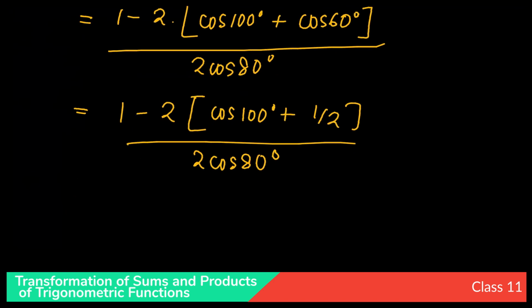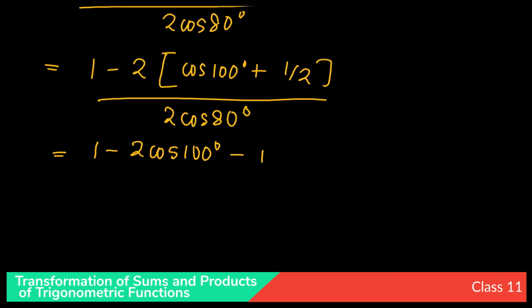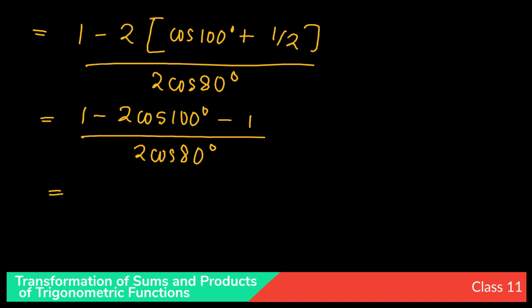So it is 1 minus 2 cos 100°, minus 2 into half means minus 1, by 2 cos 80°. Here 1 minus 1 gets cancelled. So it is minus 2 cos 100° by 2 cos 80°.